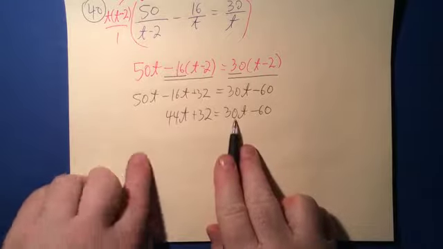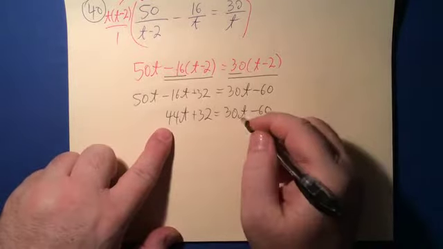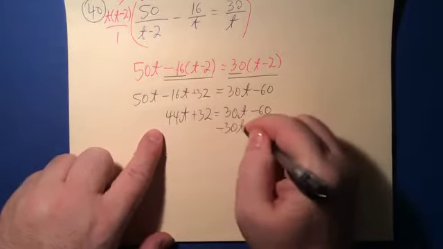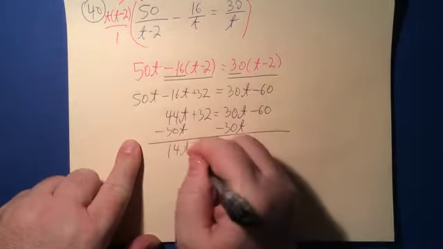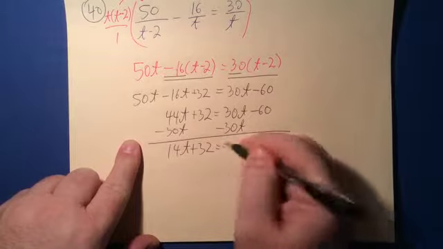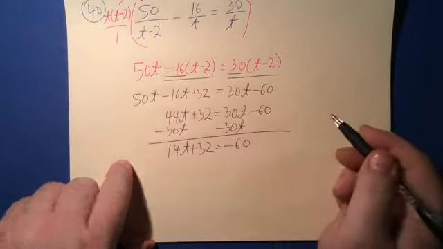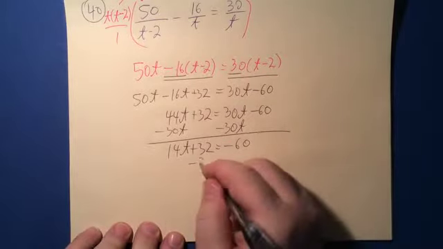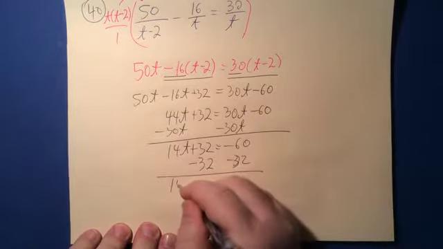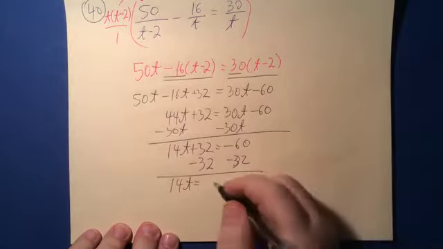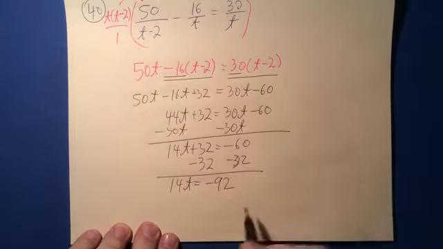Well, at this point, let's go ahead and start getting the t's to one side. Subtract 30t. That'll be 14t plus 32 is equal to negative 60. If I subtract 32 from both sides, that's going to be 14t is going to equal negative 92.